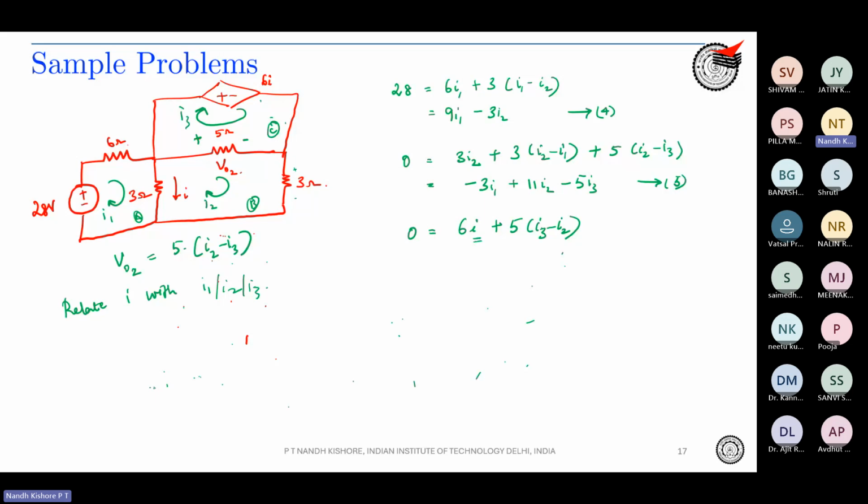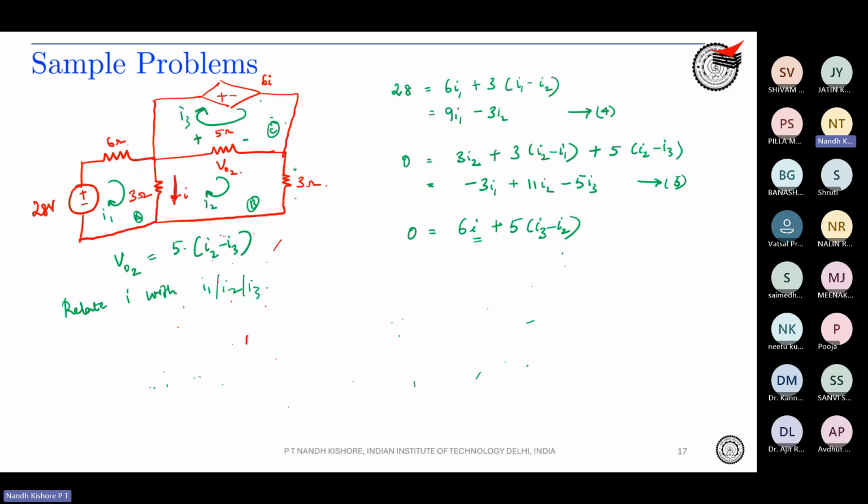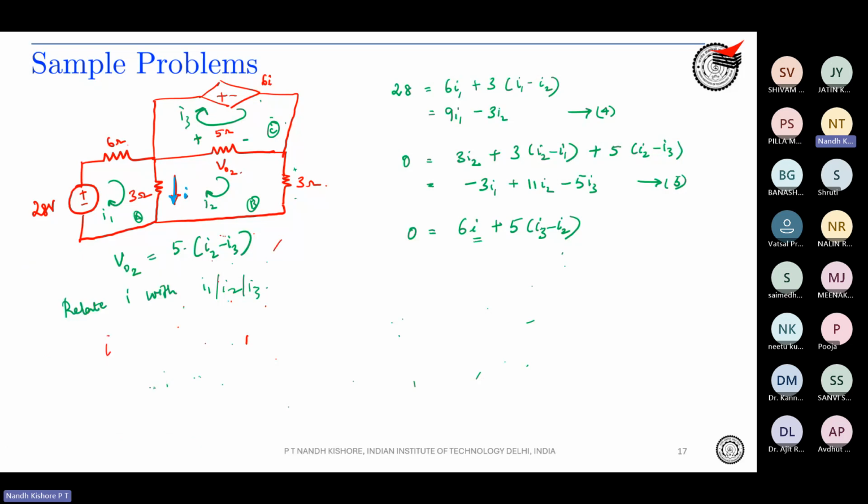So what is the relation over here? Can you tell what is the relation between I and I1, I2, I3 from this diagram? See, the current I is flowing over here. So this is my I. From here, I is basically I1 minus I2.